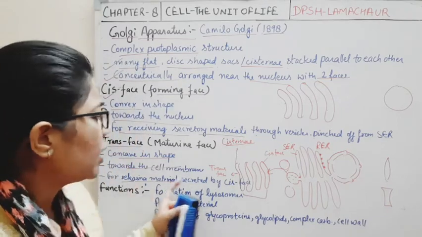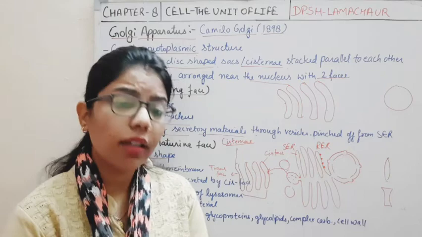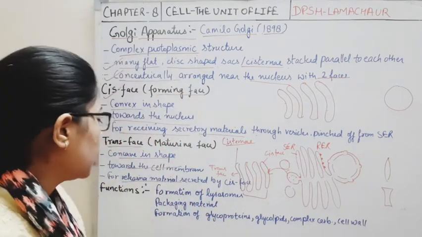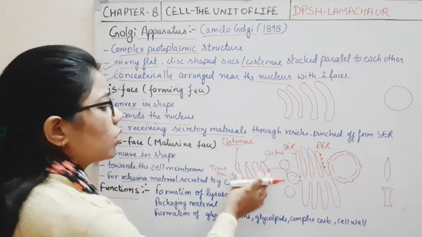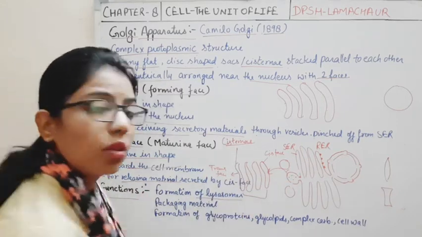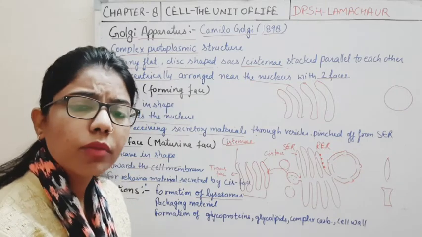So we have said it has a cis face and a trans face, and this is how it functions. If I talk about the overall function of this Golgi apparatus, how can I say it? It is the formation of lysosomes. What is a lysosome?